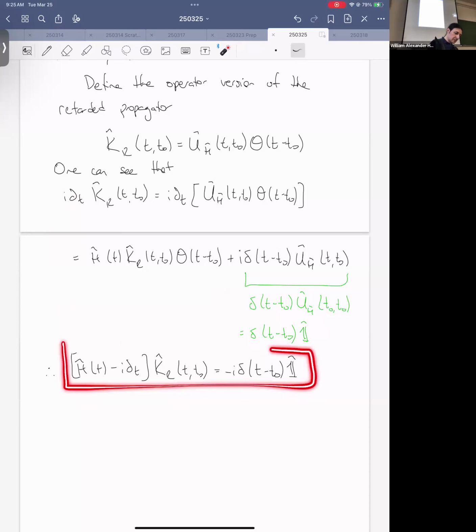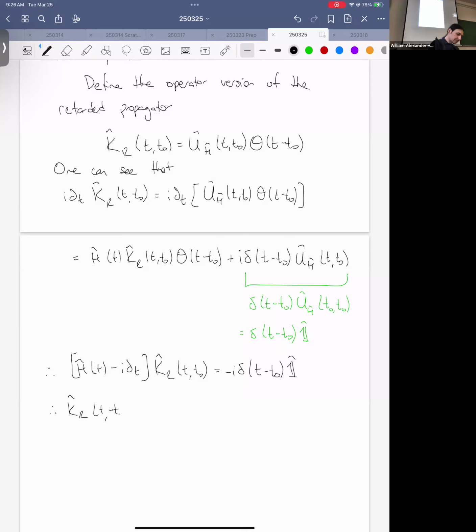What does this mean in terms of an interpretation of this retarded propagator operator? It's a Green's function. No, it's exactly right. So this tells us then that this object is a Green's function for the operator form of the Schrödinger equation.